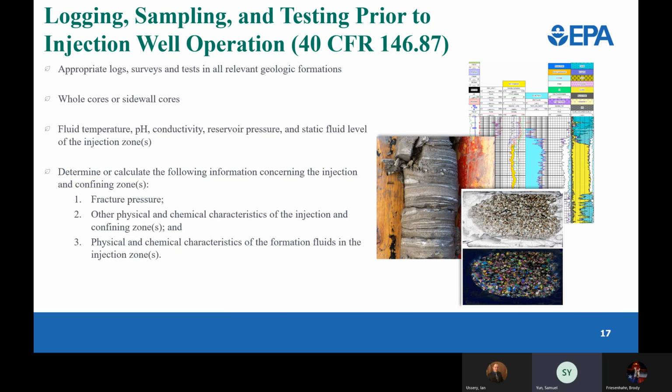Determination or verification of the fluid temperature, pH, conductivity, reservoir pressure, static fluid level, and other hydrogeologic characteristics of the injection zones, and determination or calculation of the following information concerning the injection and confining zones: fracture pressure, other physical and chemical characteristics of the injection and confining zones, and physical and chemical characteristics of the formation fluids in the injection zones.